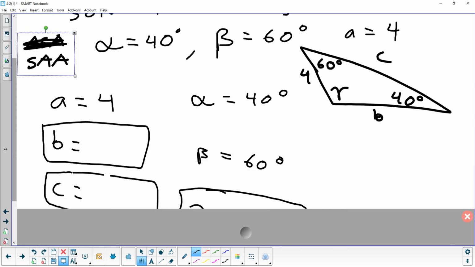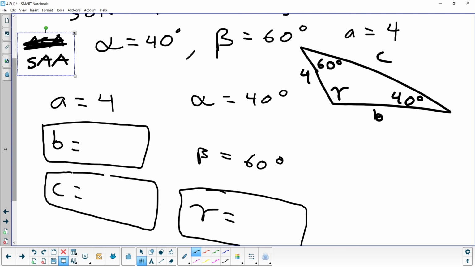All right, so now let's make a table. And I put a box around everything we need to find. All right, so does anybody see something you could find first? And it really doesn't involve the law of sines in this case.